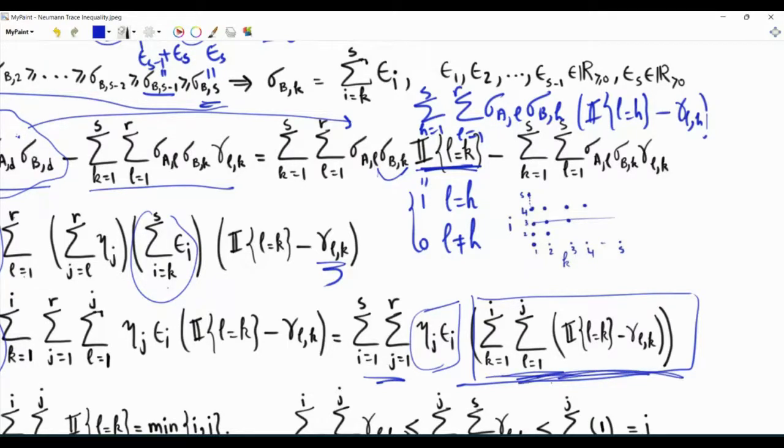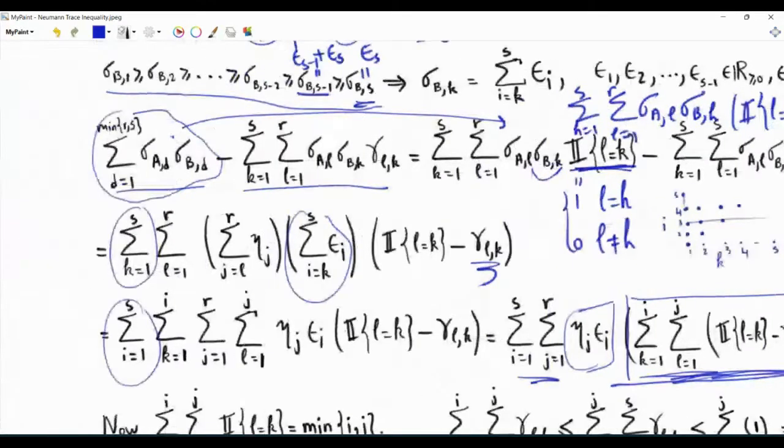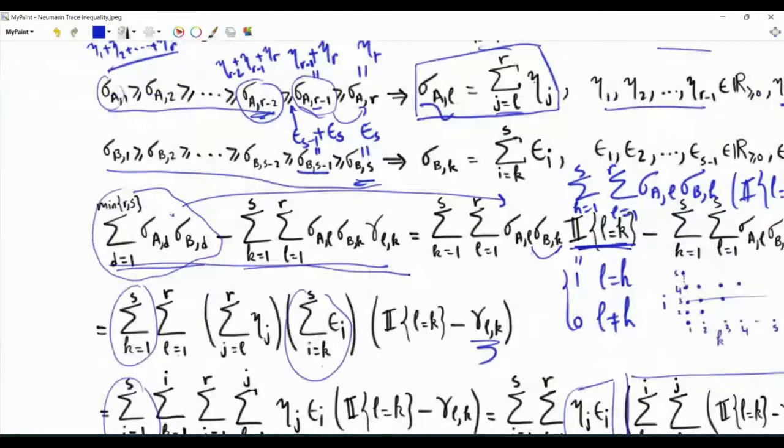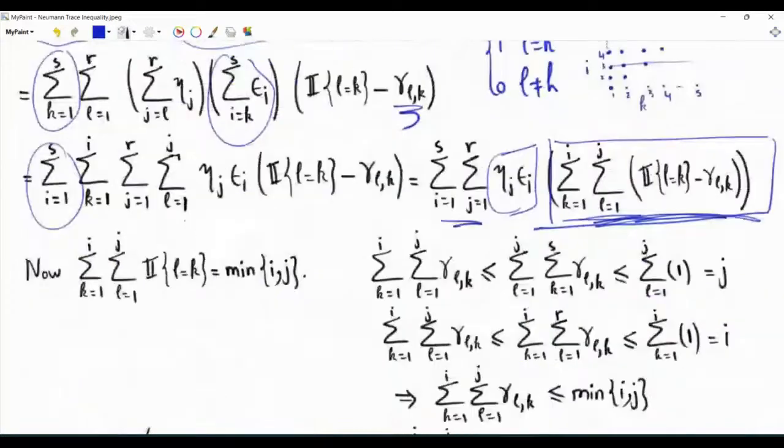If we show that this quantity is non-negative, then this difference will be non-negative, and the double sum will be less than or equal to the single sum, and we are done. Okay, so that's the last step.